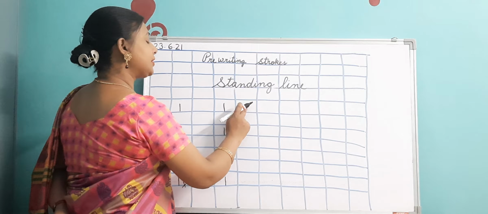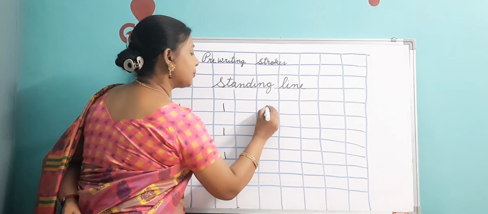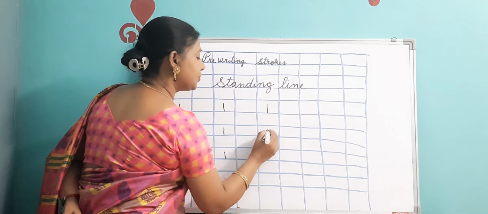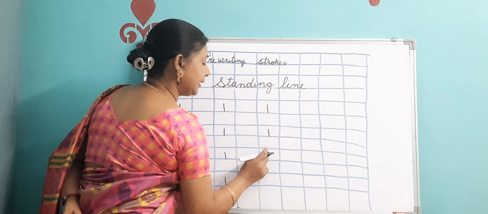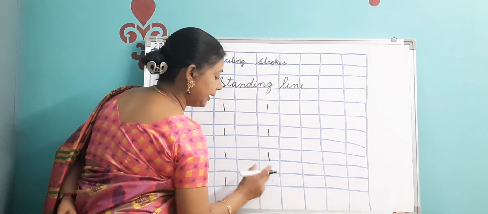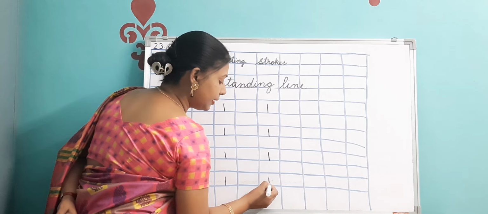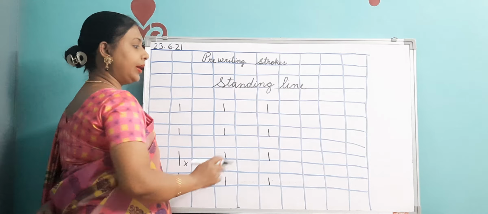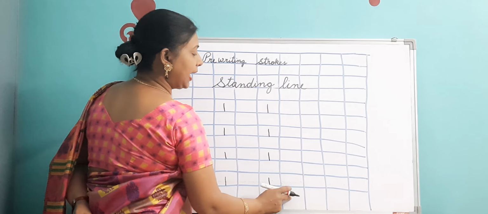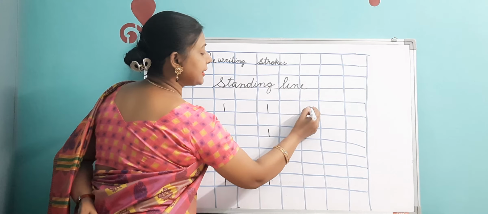Again leave this square, come to the next square, from here again write like this. Leave one square, standing line. Leave one square, standing line. Again leave this square, this whole line you will leave, and on the next line you will write.